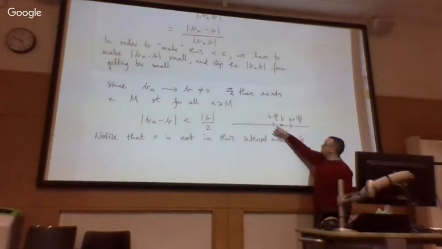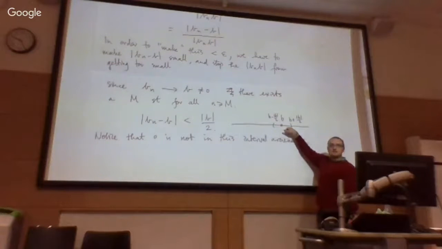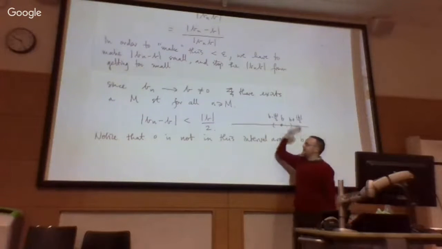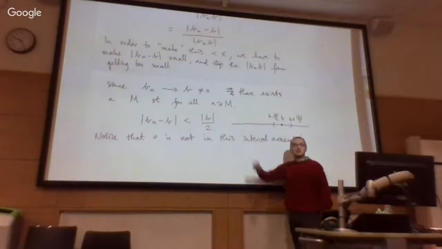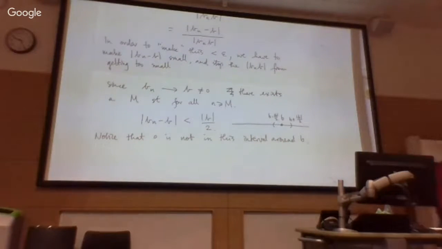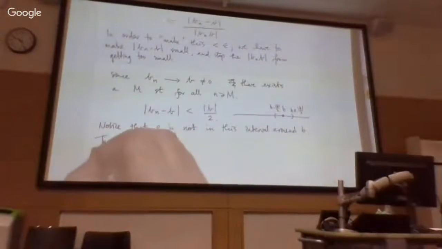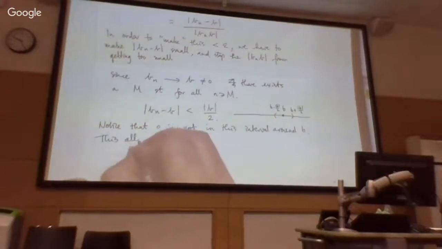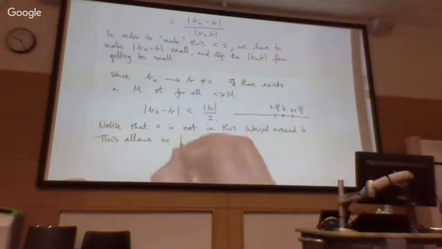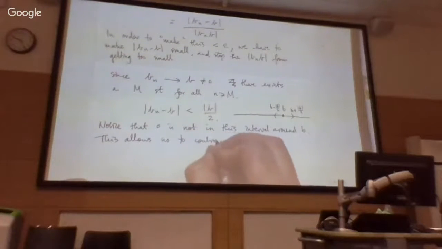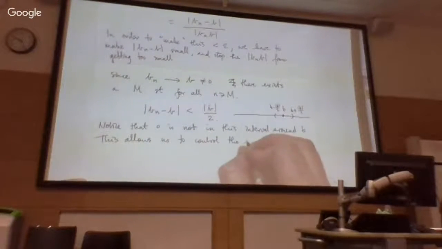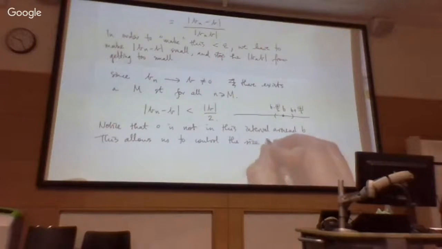So I'm able to control all the points in here. I can put a bound on all the sequence elements inside this interval, and I know there's at most a finite number outside the interval. This allows us to control the size of these numbers, the absolute value of Bn.